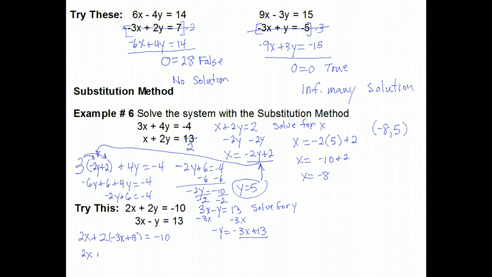It's not going to be positive, but it's going to be negative. So we get minus 6x plus 26 equals negative 10. Combining like terms, 2x and negative 6x is negative 4x plus 26 equals negative 10. Bring that up here, rewriting it, running out of room on the bottom there.